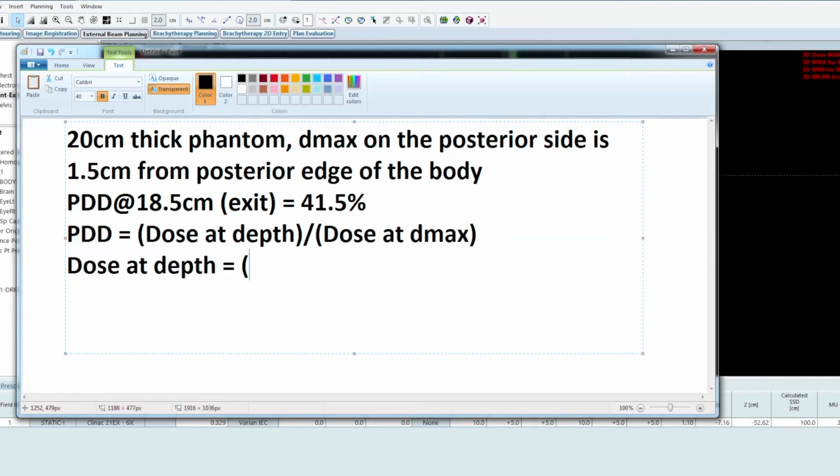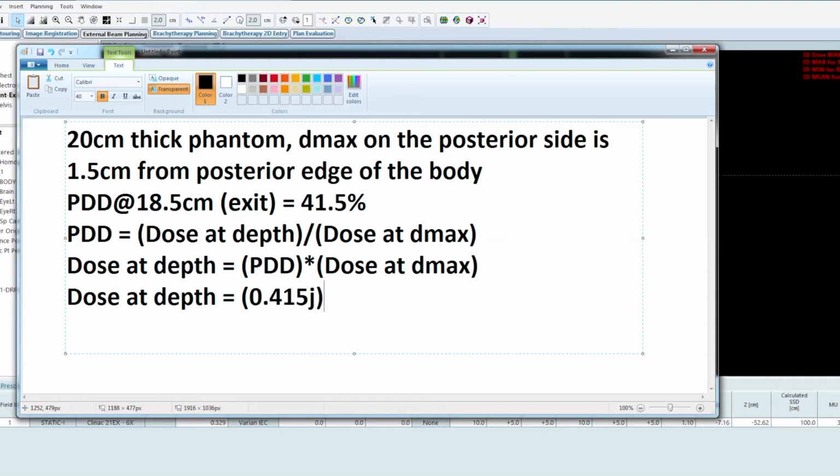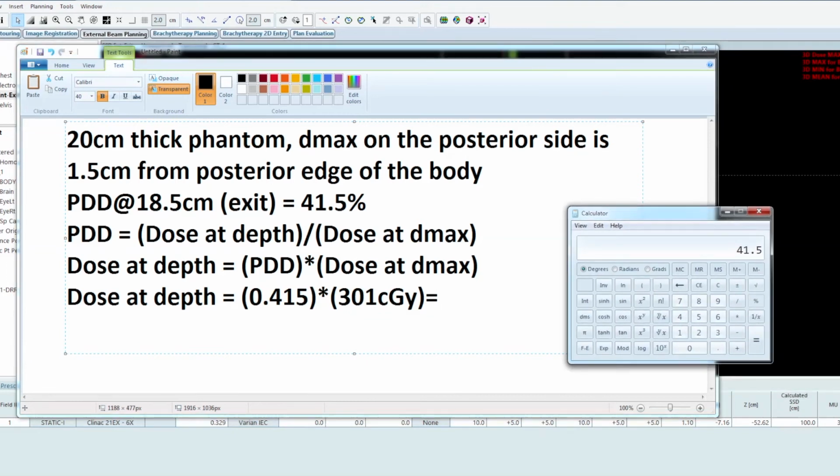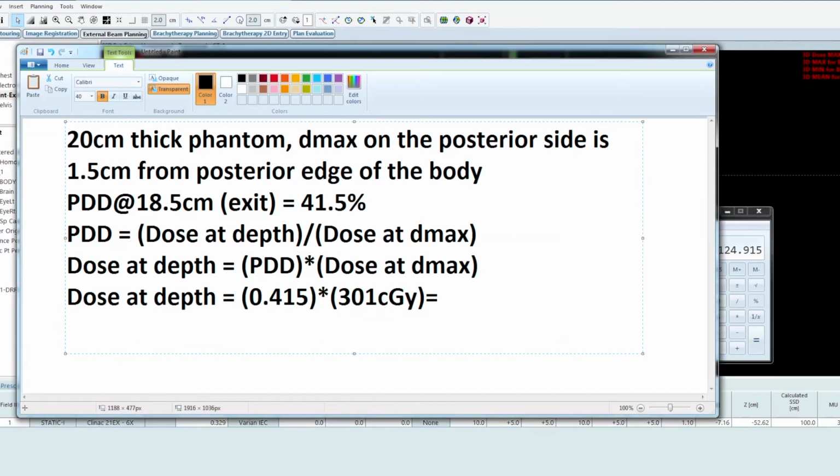So dose at depth is PDD times dose at D max. Well, we just figured out what dose at D max was. I know what my percent depth dose is, 41.5. My dose at D max was 301. Okay, so I have 0.415 times 301 centigray is 125 centigray.